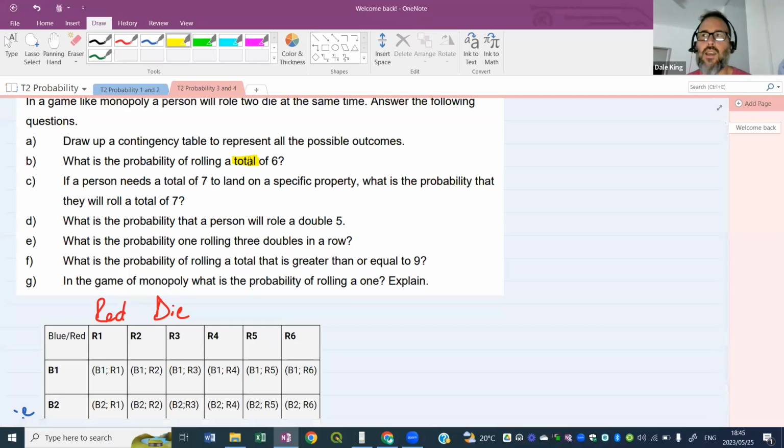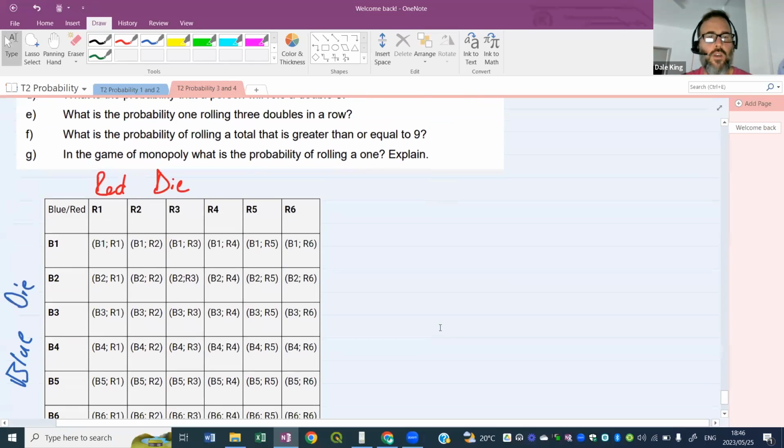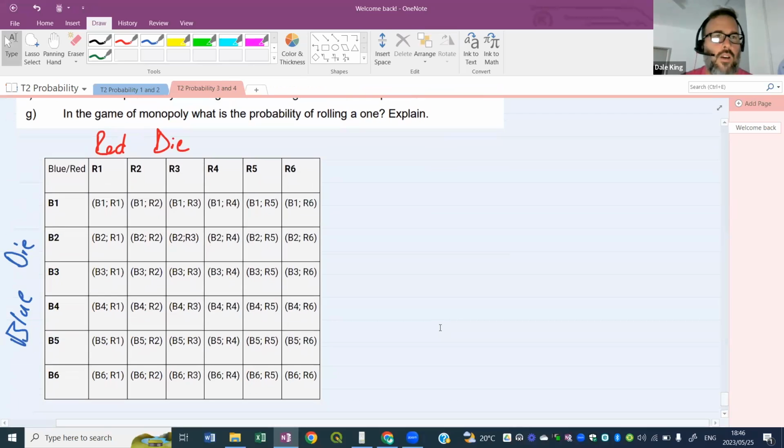What 2 numbers could you get that the total of the 2 numbers will be 6? Oh, 3 and 3. Good. Very good. So there could be a 3 on the one and a 3 on the other. Where do we see that? There we go. 3 on the one and 3 on the other. What else?